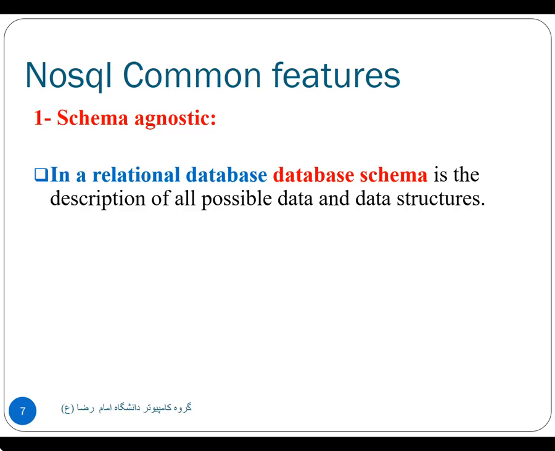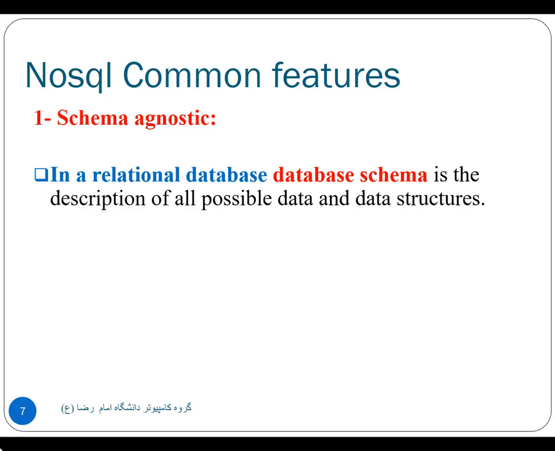Okay, it means that, as we said before, in a relational database, the database has a schema. The schema of the database is the design of the database. It means all of the tables, all of the attributes, the type of the attributes.